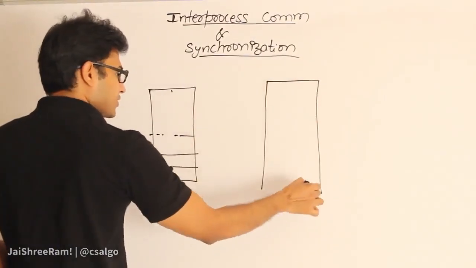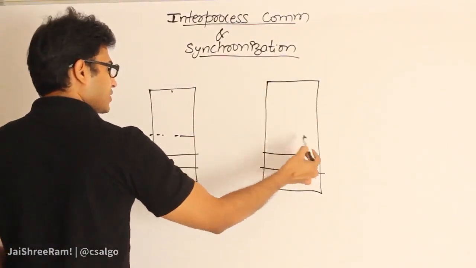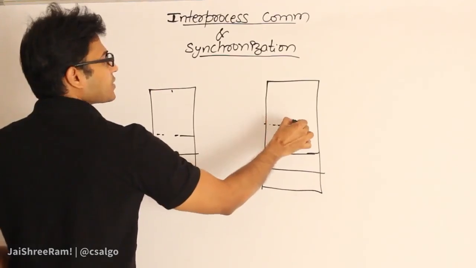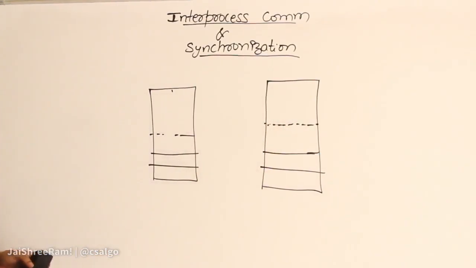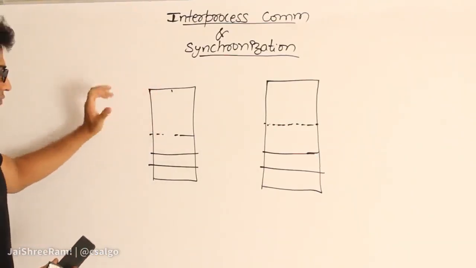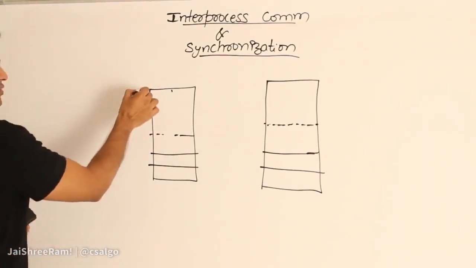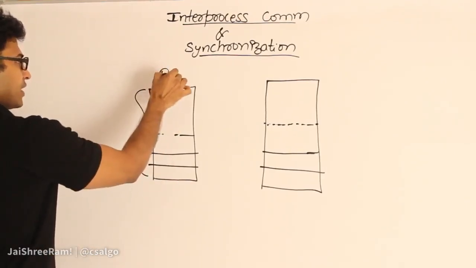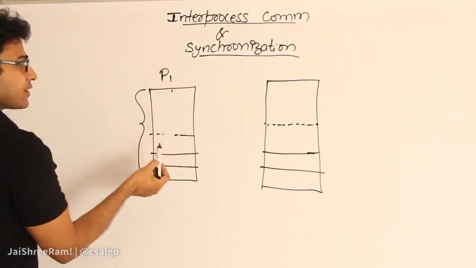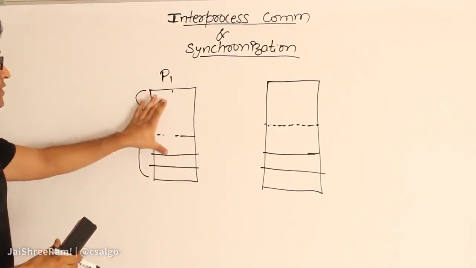Now what the operating system will always provide is something called security, which means any process which is running is supposed to use only the memory allocated to it. If process P1 is running, it is never supposed to refer to any element which is not present inside its own space.